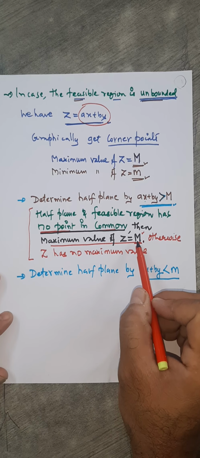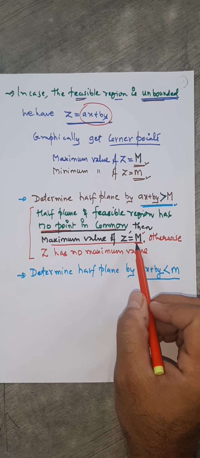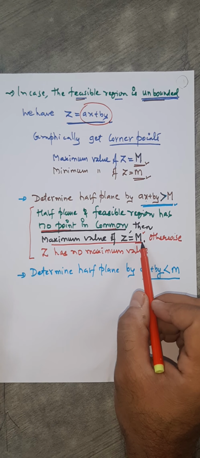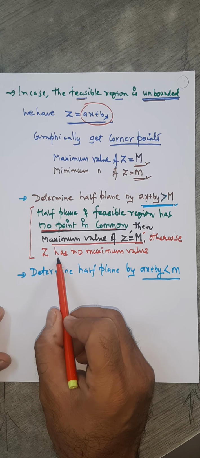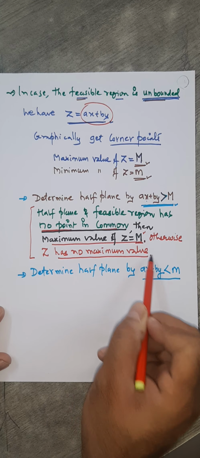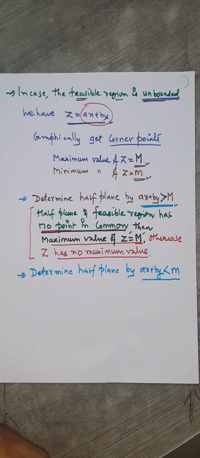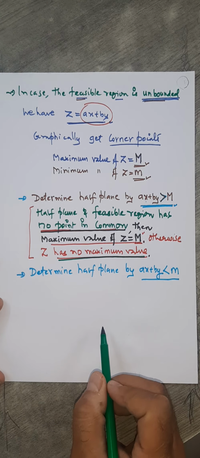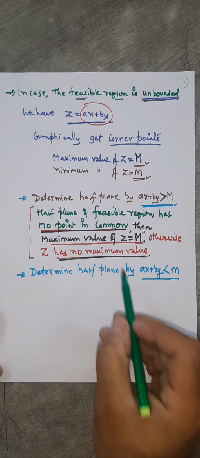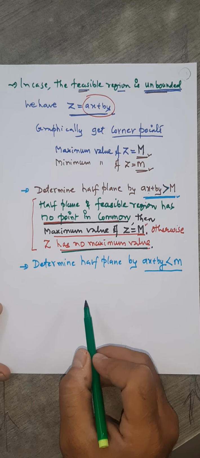Otherwise, if it has some common point, then z has no maximum value. This was the last example of the last session.